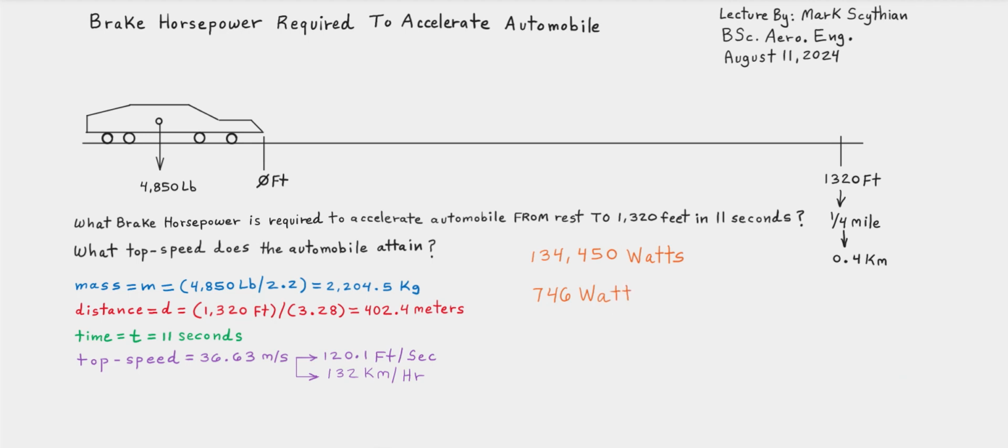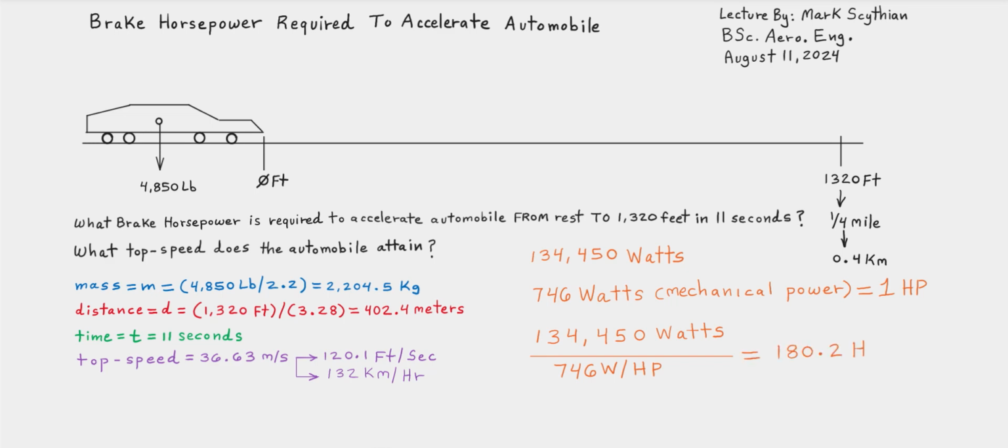And then we know that there are 746 watts of mechanical power to 1 horsepower. So if we divide 134,450 watts into 746, we calculate 180.2 horsepower. And so this is the horsepower, actual brake horsepower, excluding tire rolling resistance and aerodynamic drag.